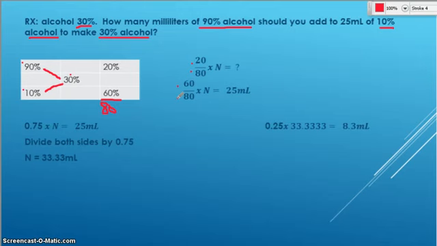Now remember, on our previous problems, our next step was to multiply by the quantity we want to prepare. We aren't given that information. We don't know how much we want to prepare. The only thing we do know is that we have 25 mils of the 10%. So we know our final amount of the 10%.